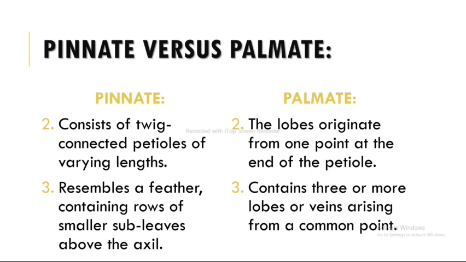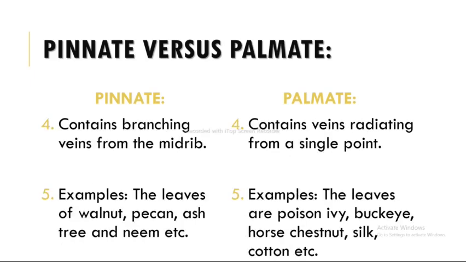Pinnate resembles a feather containing the rows of the smaller subleaves above the axil. In the palmate, it contains three or more lobes or veins arising from a common point. Pinnate contains the branching veins from the midrib, but palmate contains the veins radiating from a single point.